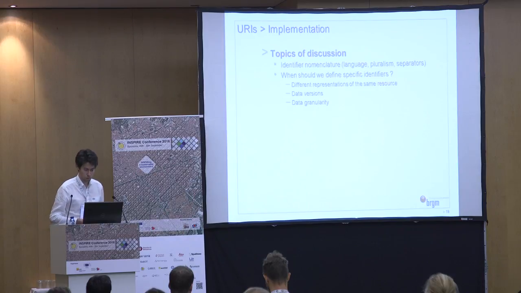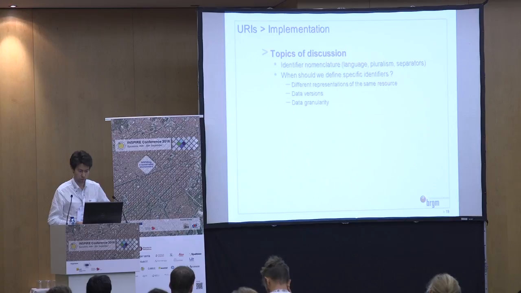So when we worked on implementing those identifiers and resolvers, we had discussion about identifier nomenclature. Should we name this HTTP resource .brgm, with resource with one S in English or two S like in French? Use plural, resources, or resource separators.